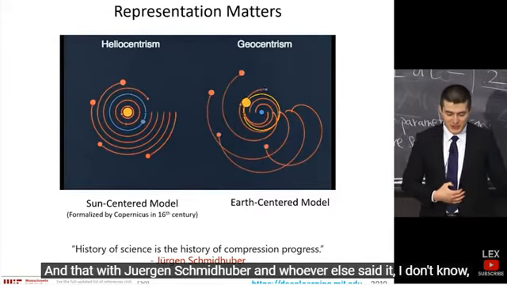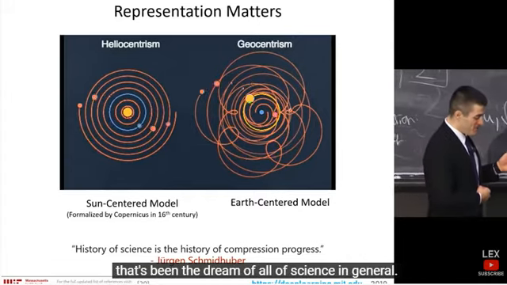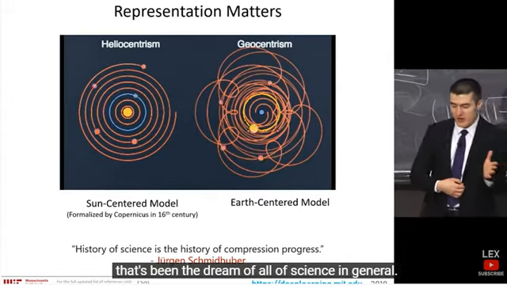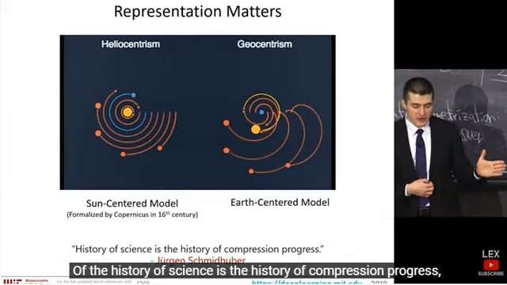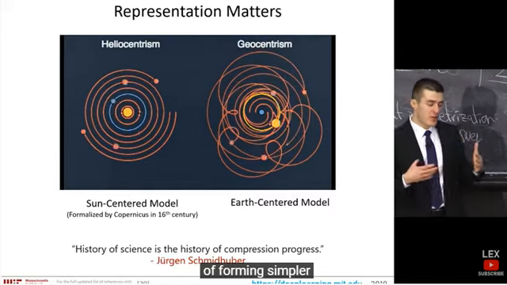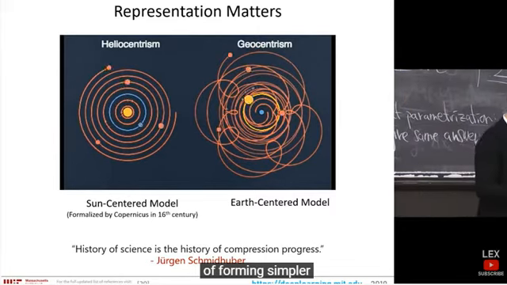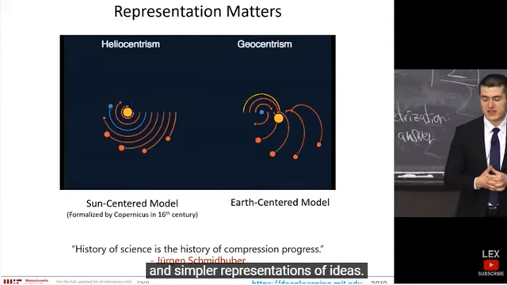And that, with Jürgen Schmidhuber and whoever else said it, I don't know, that's been the dream of all of science in general. The history of science is the history of compression progress, of forming simpler and simpler representations of ideas.